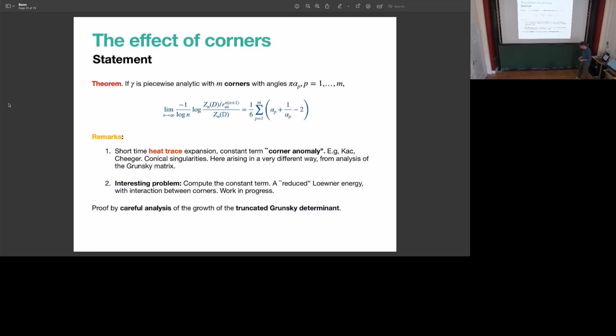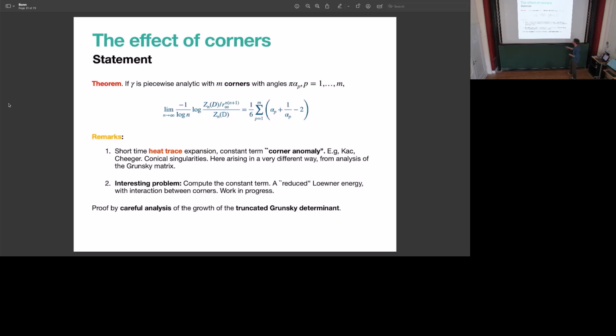You have to somehow localize the contribution to the corners, and this is a little bit similar to how these stories in Coulomb gases are done, but you introduce some sort of operator that corresponds more to a wedge. Then one has to check that also for this log n contribution, there is no interaction between the corners.